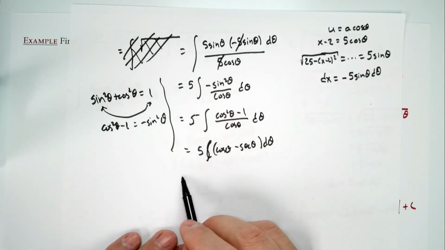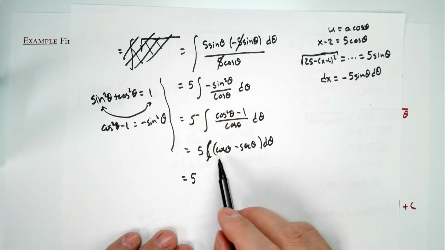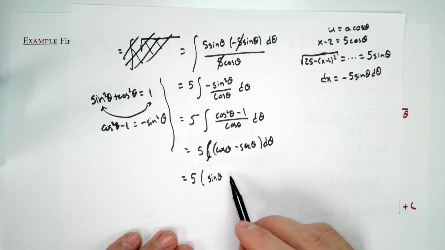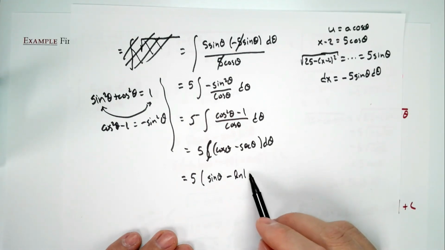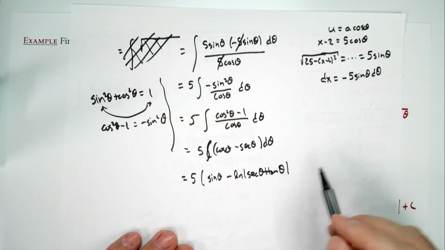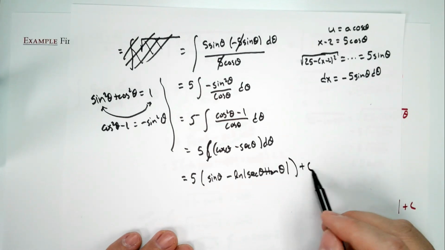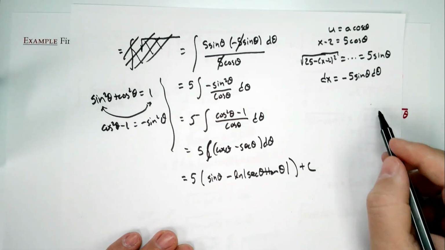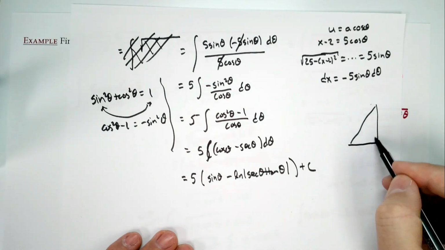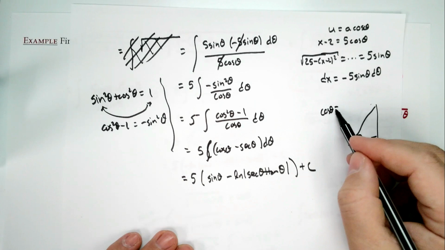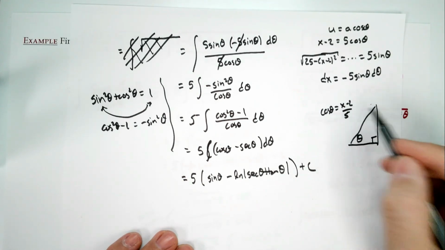So now we can integrate. So what do we have? We have 5, and then we have sine, that's the integral of cosine, minus natural log of secant plus tangent, and plus c. So now we come and draw our picture. Here's theta. We can say that cosine of theta is x minus 2 over 5.